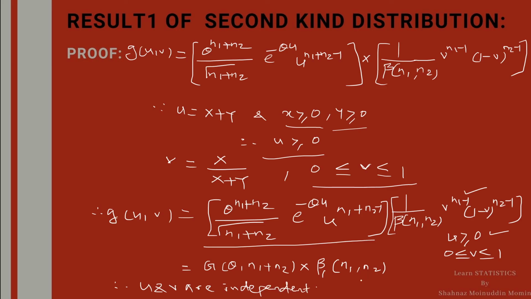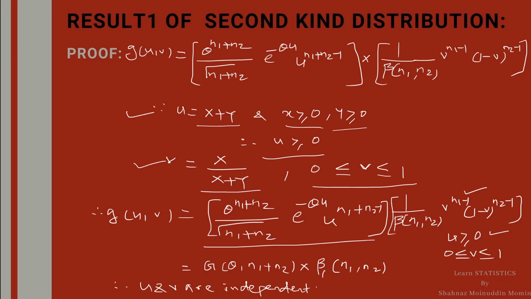We know that u is nothing but x plus y and v is nothing but x upon x plus y. Therefore, x plus y and x upon x plus y are independent. Hence the result.